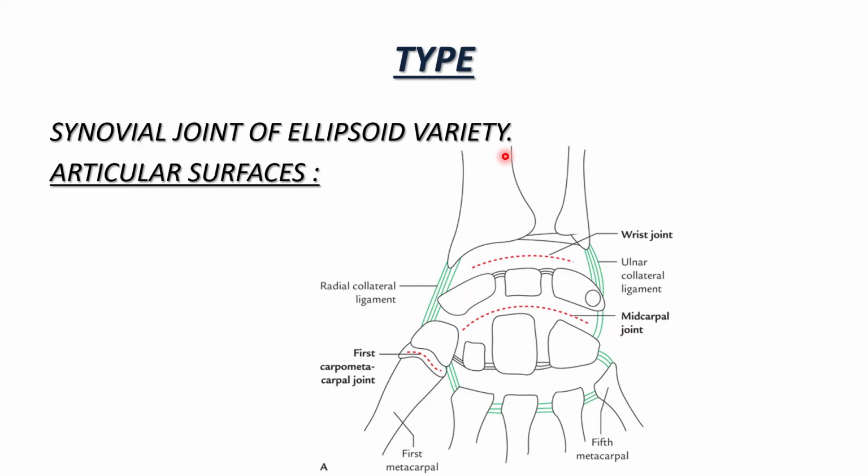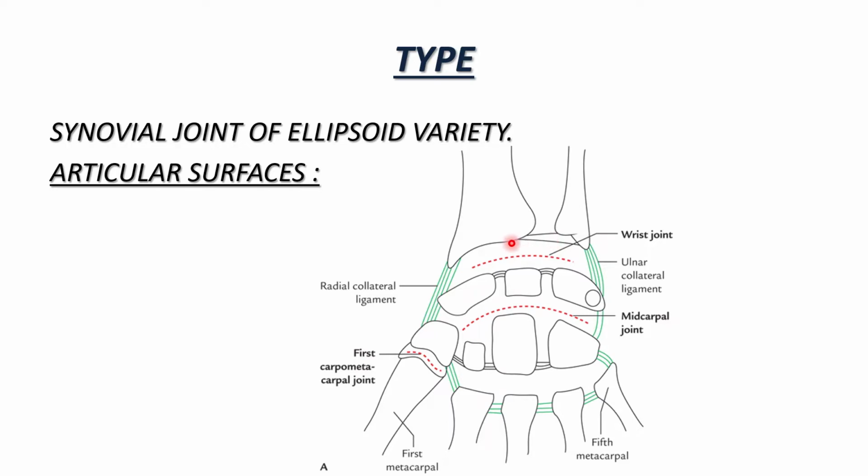The wrist joint represents the articular surface in its proximal part and along its distal part. In the proximal portion, the articular surface is contributed by two components. One is the inferior surface of the lower end of the radius, and number second is the articular disc of the inferior radioulnar joint.